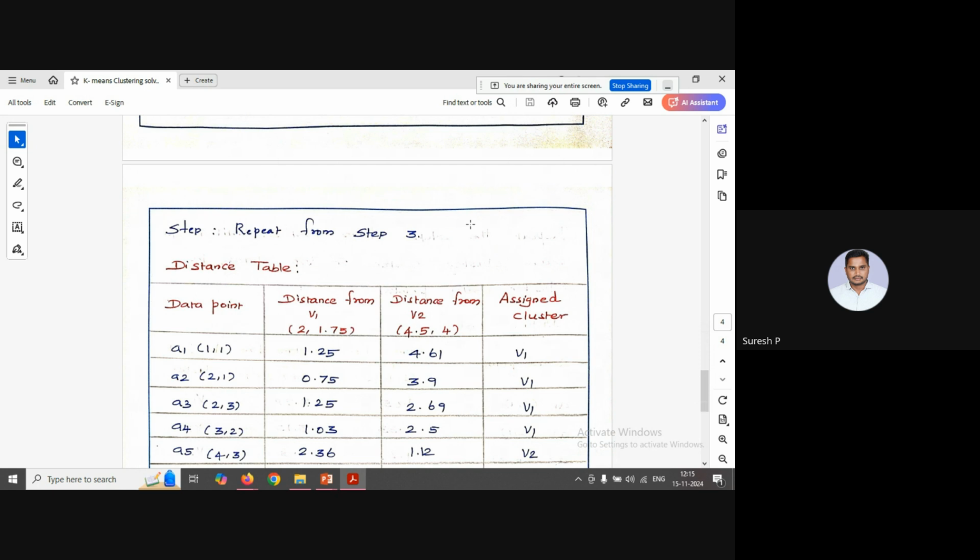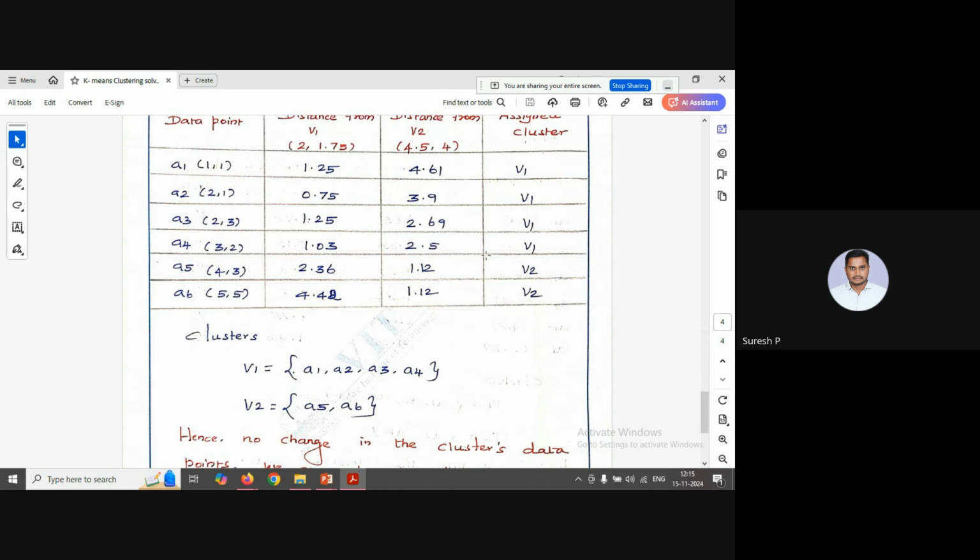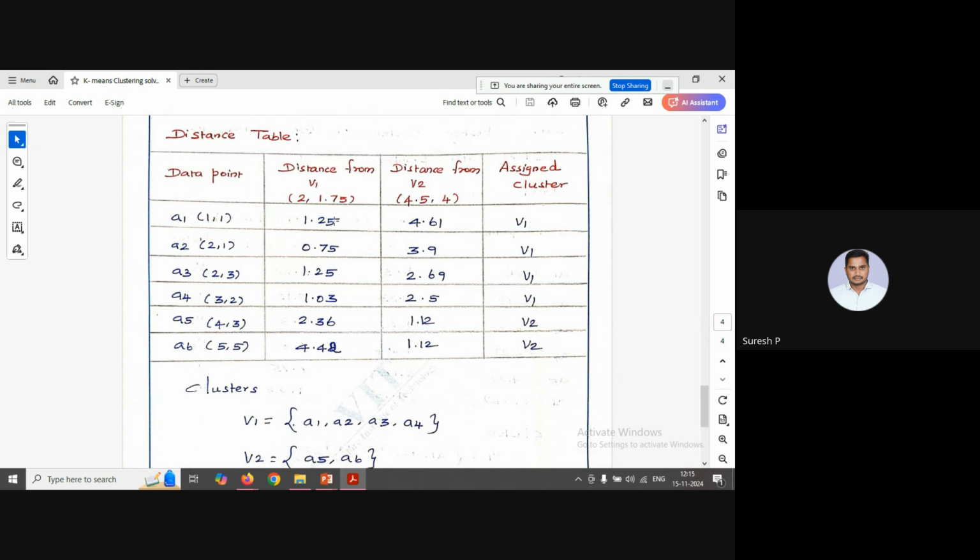Okay. So now again we calculate the distance table. Here the centers will be like this. Now we assign the cluster based on the smaller value. Here 1.25 or 4.61, V1. Here 0.75, 3.9, V1. 1.25, 2.69, V1.